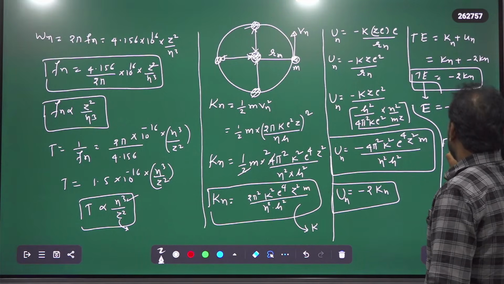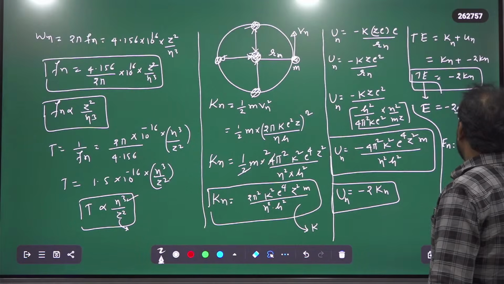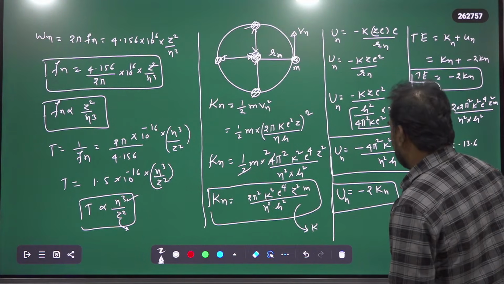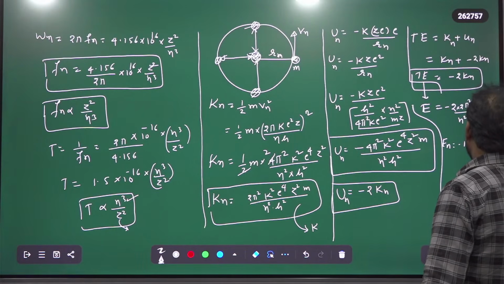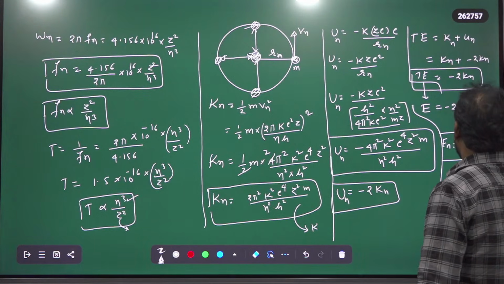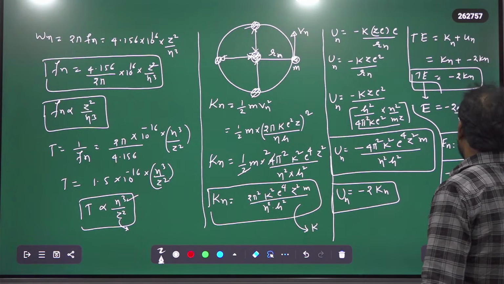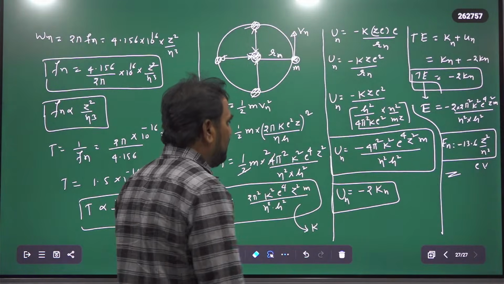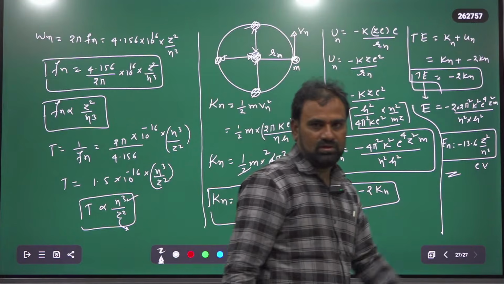This is En. En is equal to minus 13.6 electron volts into z square upon n square, in electron volts.